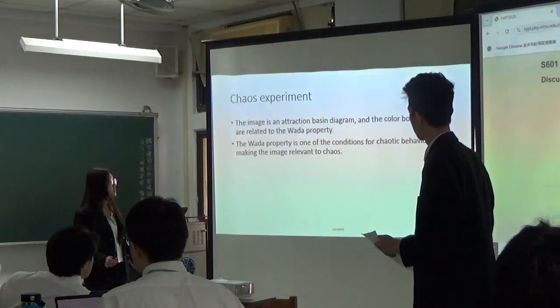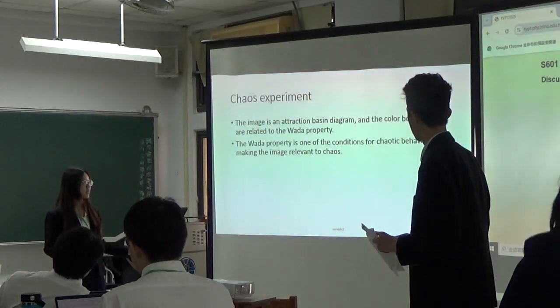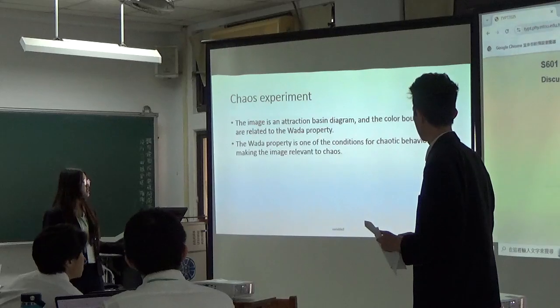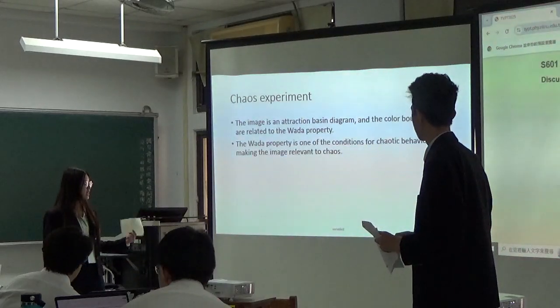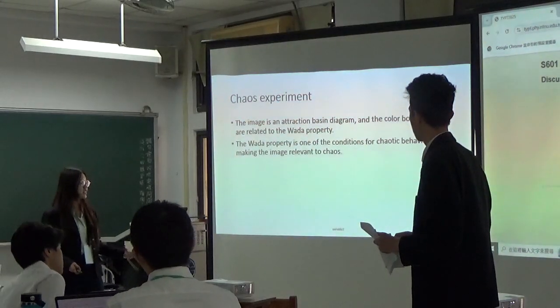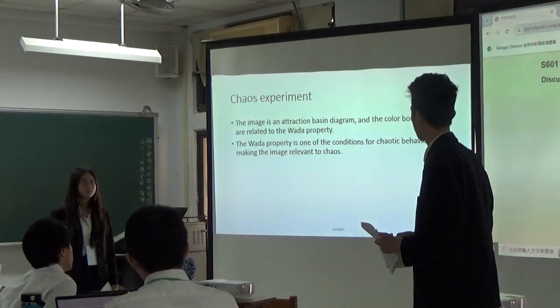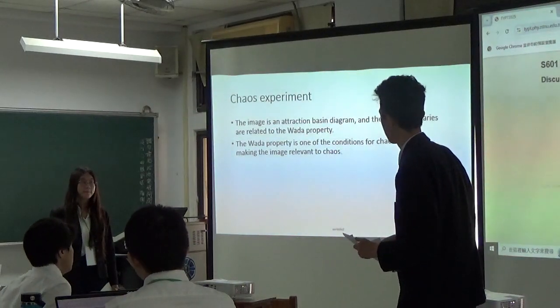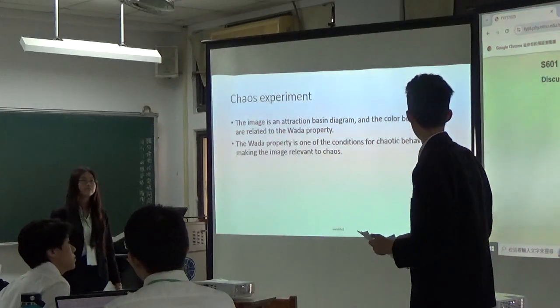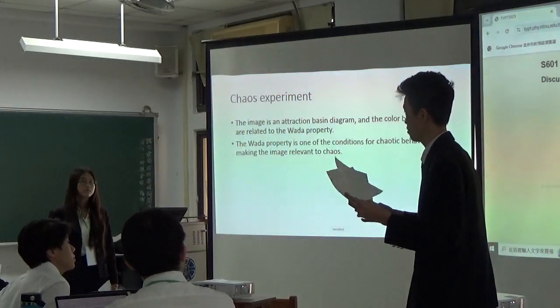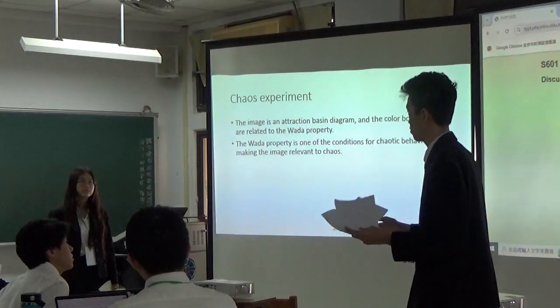Because one-dot property is one of the conditions of chaotic behavior, so that makes the image related to chaos. Sorry, this is kind of hard to understand, so can you explain using some physics phenomena you have observed to prove that it's chaotic?